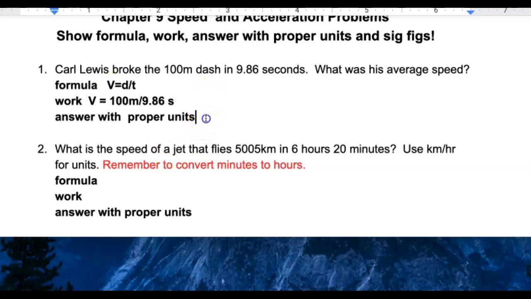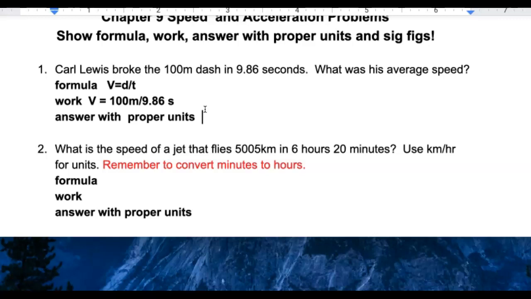So if I take 100 and divide it by 9.86, and I use my calculator, which I expect you guys to do, I get 10.141988783 on my whole calculator. I don't need every last digit.